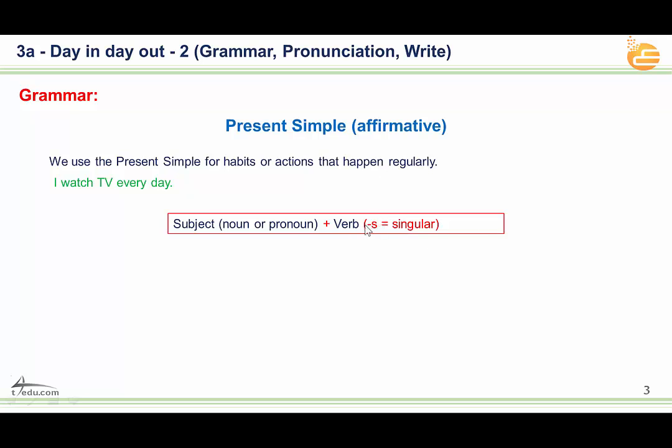We should add s to the verb when the subject is singular. With he, she, it, or any singular noun, the boy, the teacher, just one boy, one teacher, I have to say plays football every day.